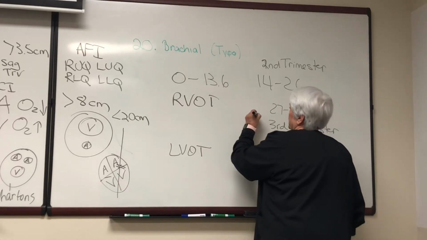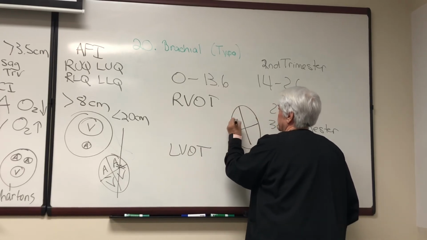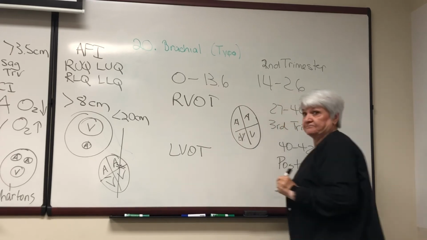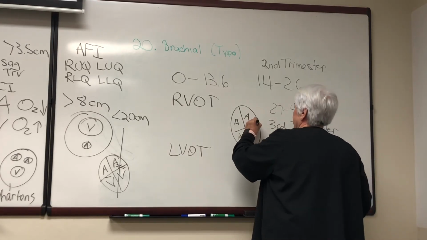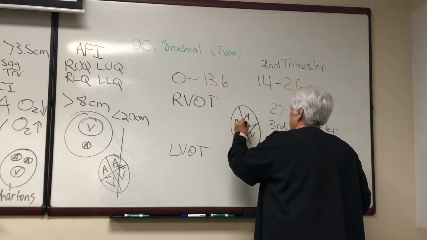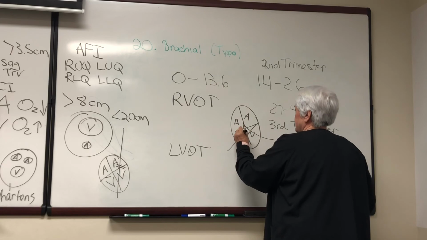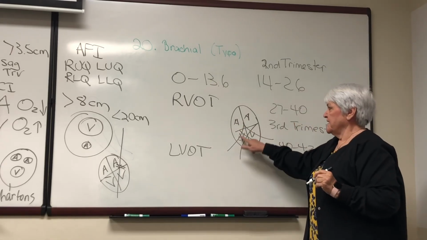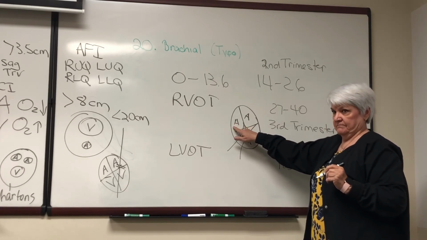Okay? Here's my 4-chamber heart. Atria, ventricle, ventricle. Okay? If I elongate my atria, the RVOT comes from the right atria.